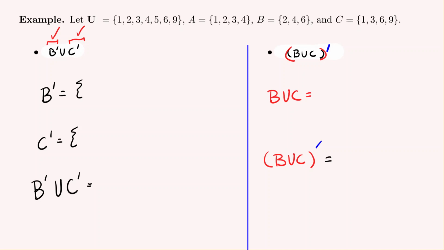So if you feel confident with these 2 processes that we've learned so far, dealing with the unions and intersections of complements, I'd encourage you to pause the video now and attempt these 2 on your own. Unpause and you'll be able to check your work.